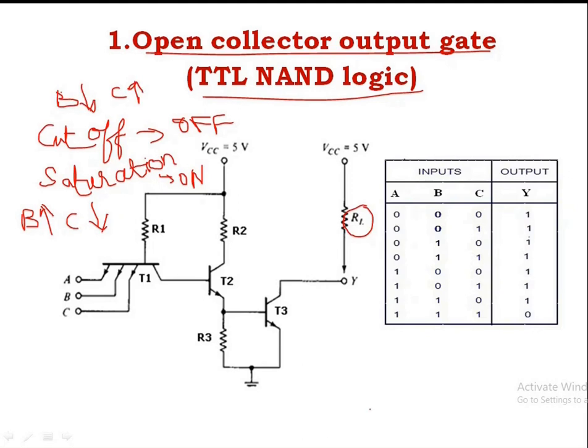Next, we have just modified this DTL gate. The multiple emitters of transistor T1 are connected to the inputs, and this behaves like the input diode in DTL gates. The base-collector junction of T1 acts as another PN junction diode, as in the DTL gate.